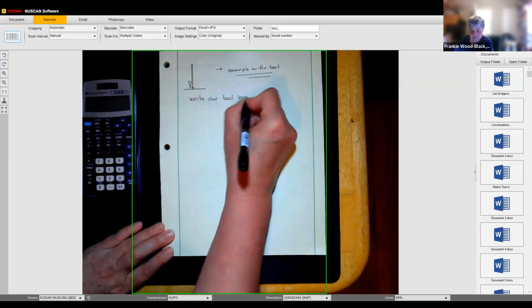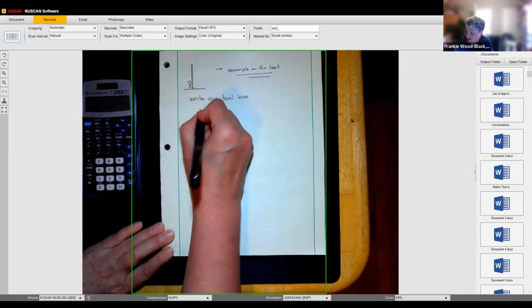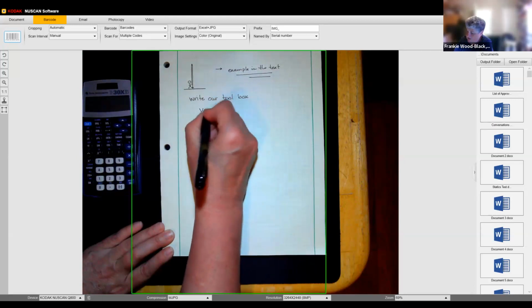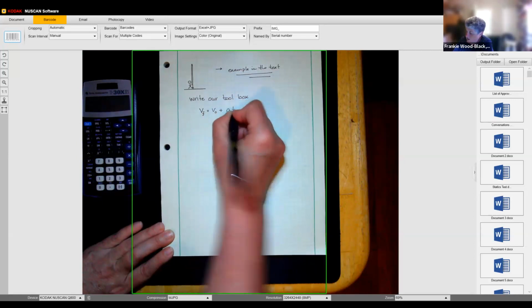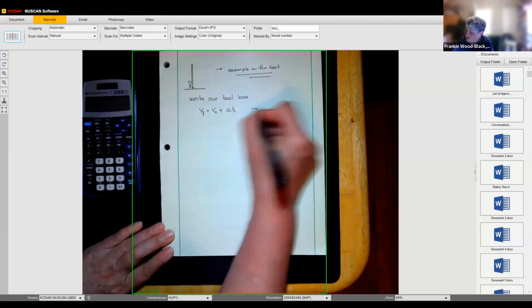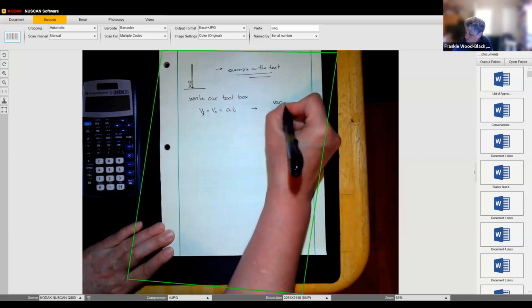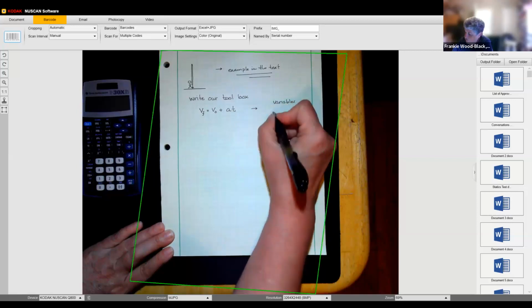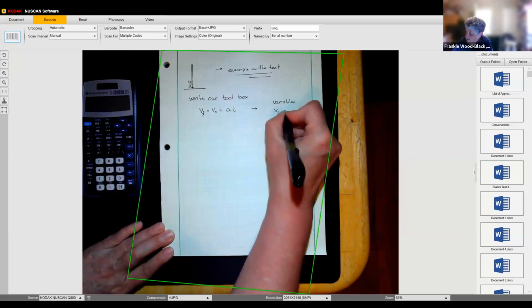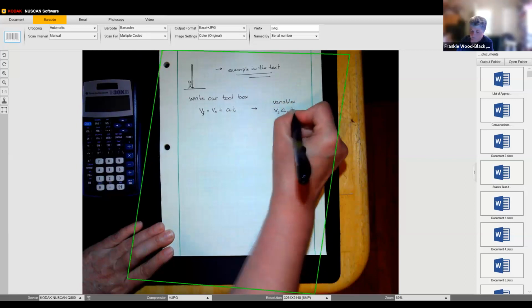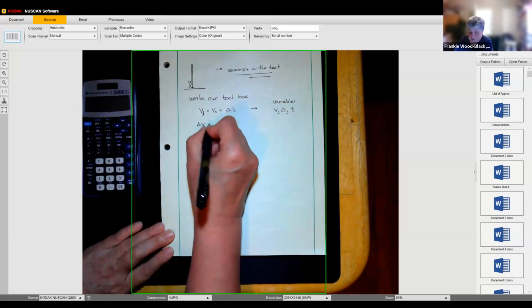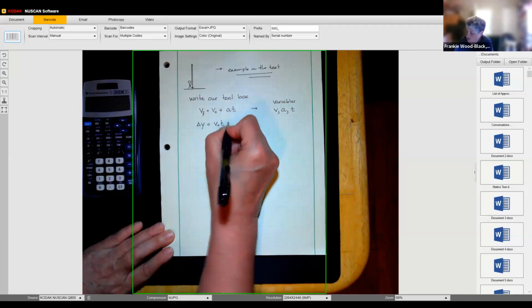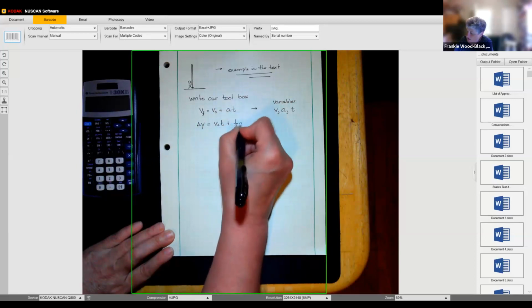So we've got it out here, but we're going to be in the Y direction. So we're going to have our final velocity is equal to our initial velocity plus our acceleration times time. This has variables of V, A, and T. I'm going to do my change in Y because we're in the Y direction, my initial velocity times time plus 1/2 my acceleration times time squared.